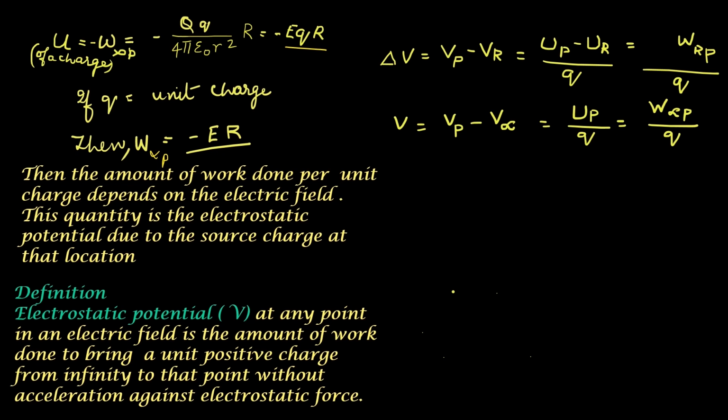Just as we did in the case of electrostatic potential energy of a charge, if you consider point R at infinity, change in electrostatic potential is equal to electrostatic potential at point P minus electrostatic potential at infinity, that is equal to electrostatic potential energy of the unit charge, that is electrostatic potential energy of q at P divided by q.